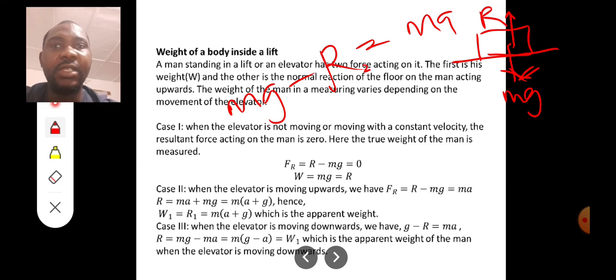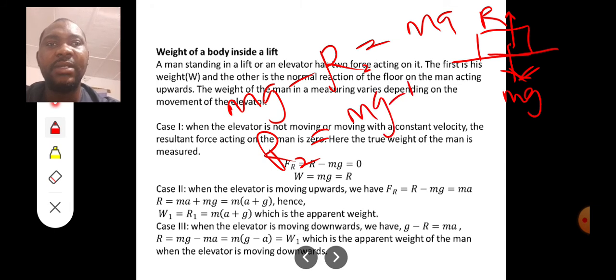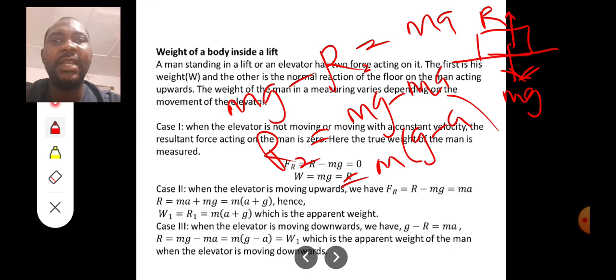So my R2 is equal to mg minus ma, which is m into (g minus a). The negative sign means that as the elevator is moving down, your measured weight will be smaller than your actual weight because you are moving with gravity. But when the elevator is moving upwards, the measured weight will be a little higher than your real weight because you are moving against gravity.